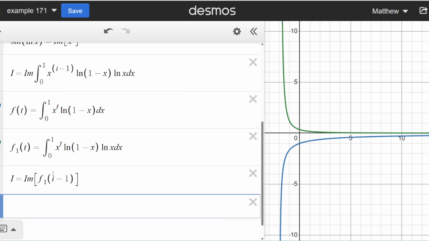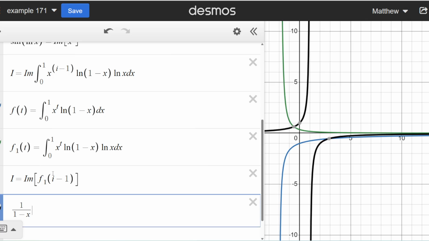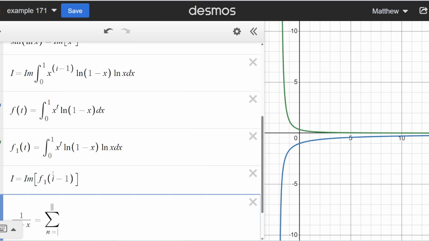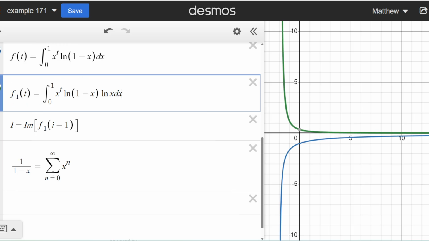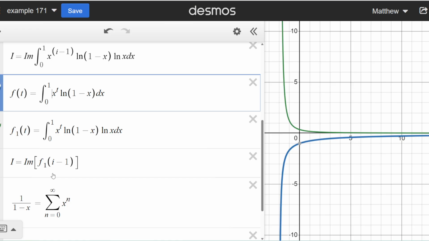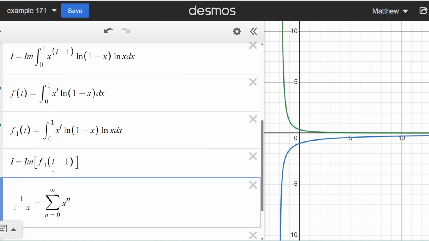So since I don't use these that often lately on this channel, I'm going to show how we get the infinite series representation for natural log 1 minus x, starting with 1 over 1 minus x is equal to the sum as n goes from 0 to infinity of x to the n, and that's good for x between negative 1 and 1. And that's fine because our bounds of integration are okay.